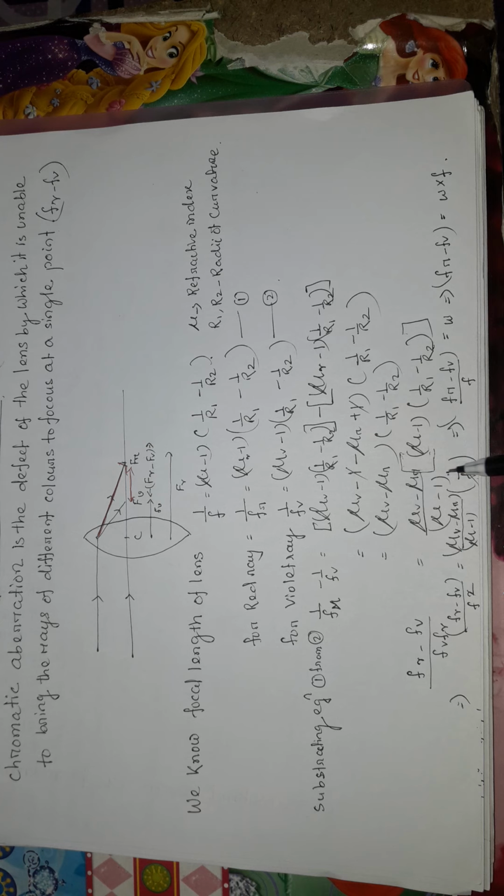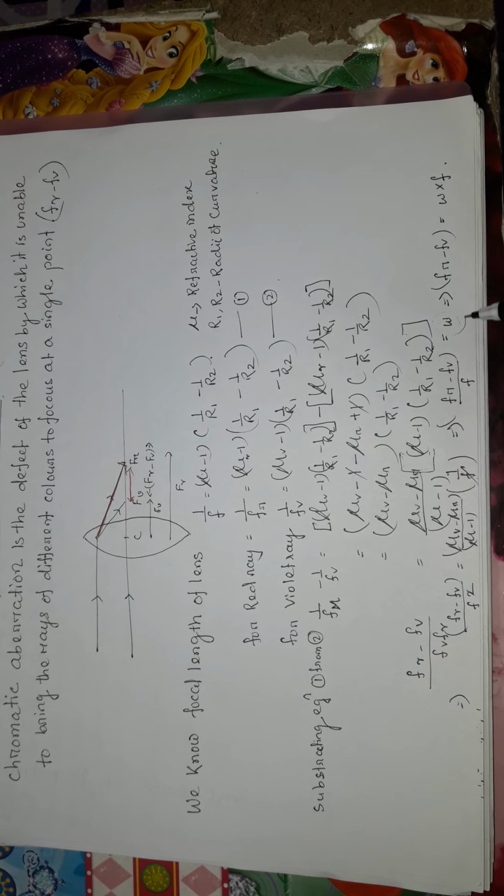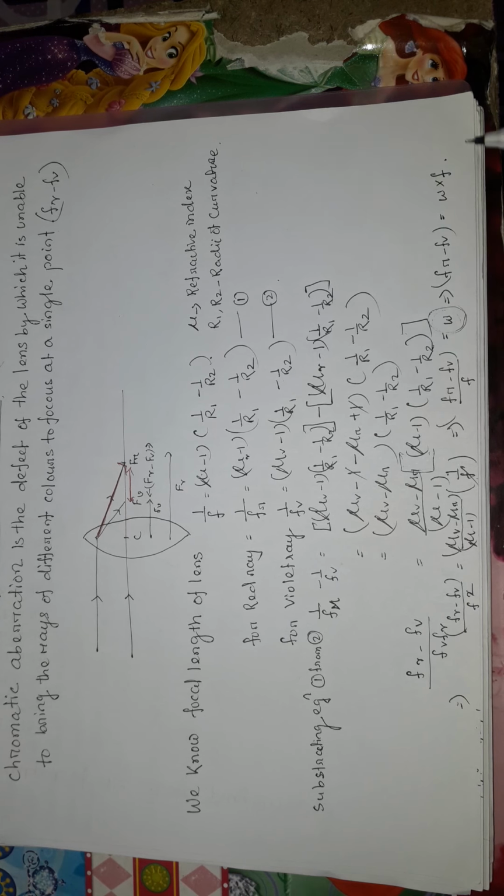So we can write 1 by f in place of this term. And the first term will be (mu v minus mu r) by (mu minus 1). We introduce this: (mu v minus mu r) by (mu minus 1) is the dispersive power of the lens. So in this term we can write the dispersive power of the lens.